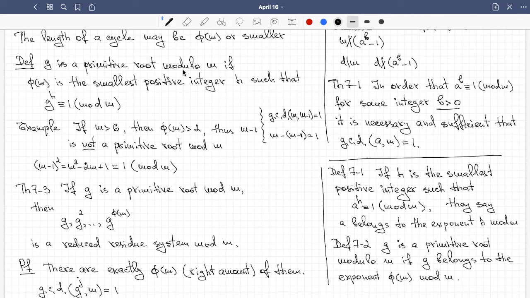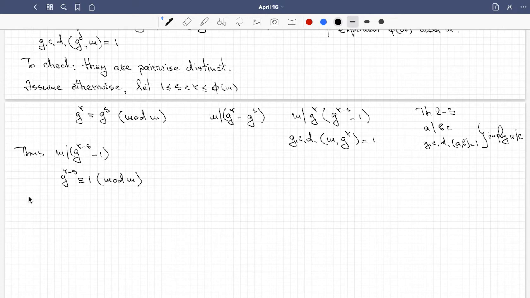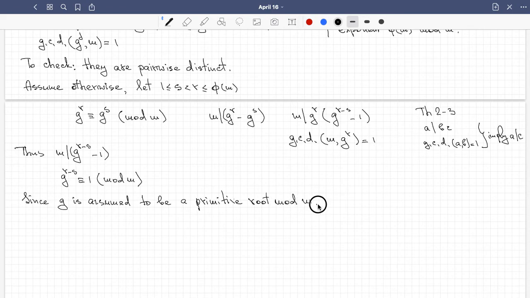G is a primitive root, so phi of M is the smallest positive power to raise G to get 1 modulo M. So since G is assumed to be a primitive root modulo M, we must have that r minus s, which is a positive integer, is at least phi of M.